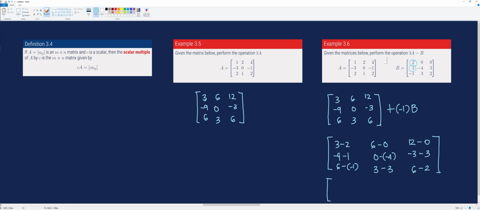Perform the operation and we have the result. This is 1, this is negative 10, this is 7, this is 6, this is 4, this is 0, this is 12, this is negative 6, and this is 4.